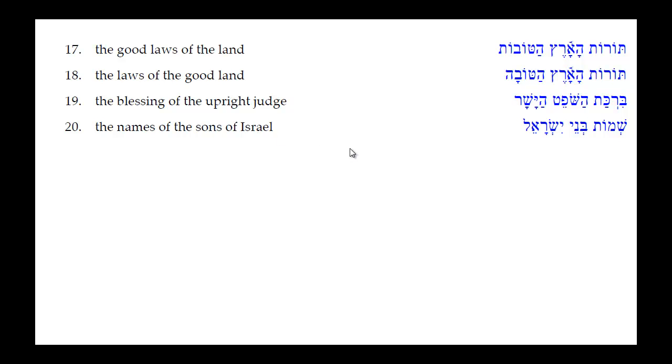So basically what we're going to have here, names of is Shmot. Remember, it used to be Shemot with a tsere here, but because it's in construct, the tsere reduces down to a sheva in an open unaccented syllable.